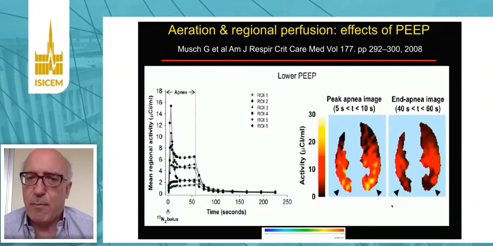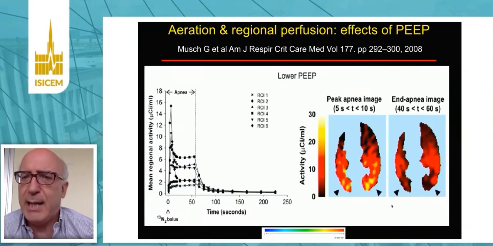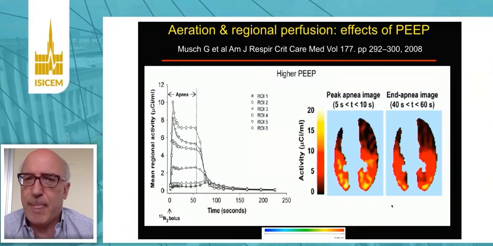PEEP may have different effects on perfusion. Again here, higher perfusion is represented with yellow color, lower perfusion with dark color. You see this at end inspiration, at end apnea at end expiration, and with lower PEEP. Anyway, perfusion is mainly distributed towards the lower part of the lung, especially when pressures are increased.